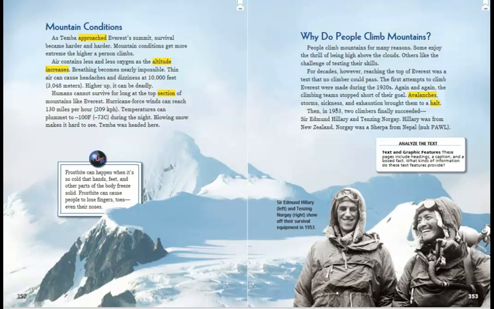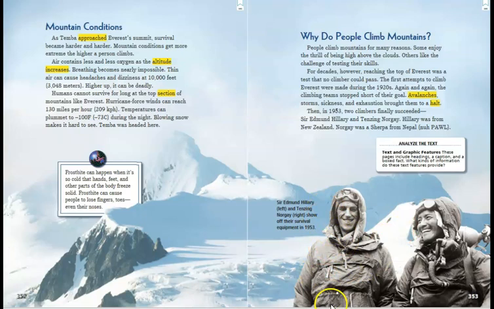Whew, goodness. Ooh, then in 1953, two climbers finally succeeded, Sir Edmund Hillary and Tenzing Norgay. Hillary was from New Zealand. Norgay was a Sherpa from Nepal, and that helps us to figure out how to say that word, Nepal.